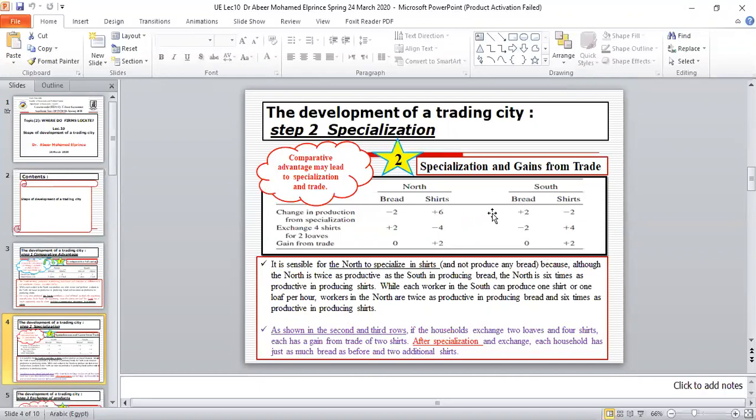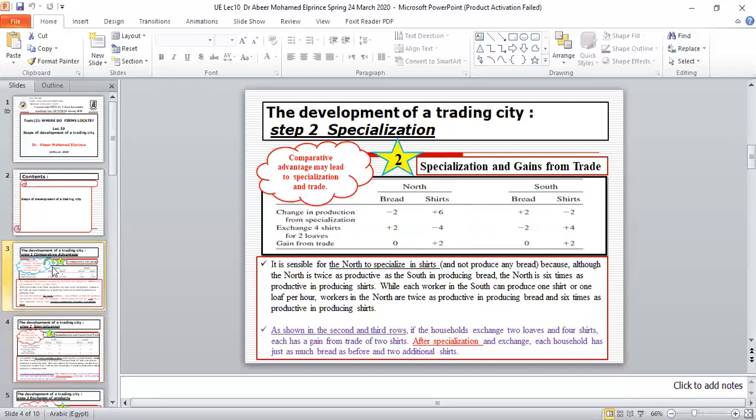So bread equals 0. In shirts, South produces 0 shirts and will take from North 4 shirts. So net gain equals positive 2 shirts.